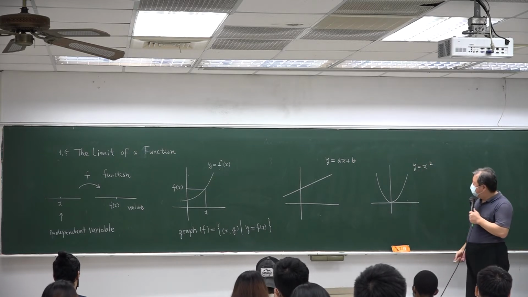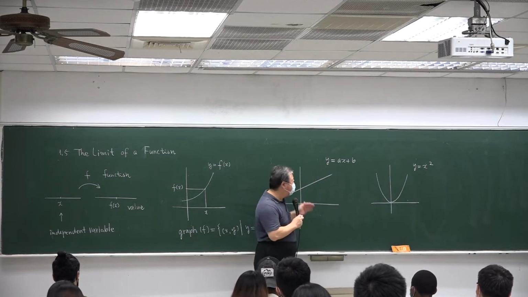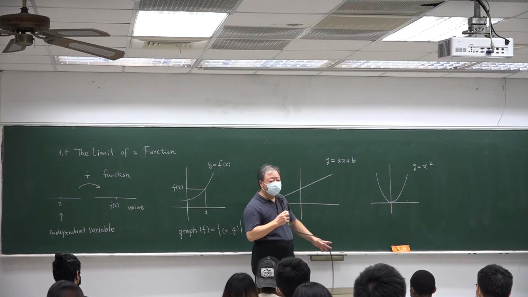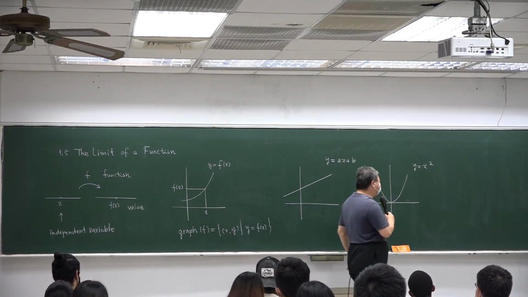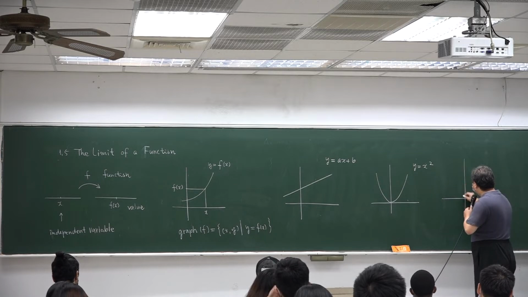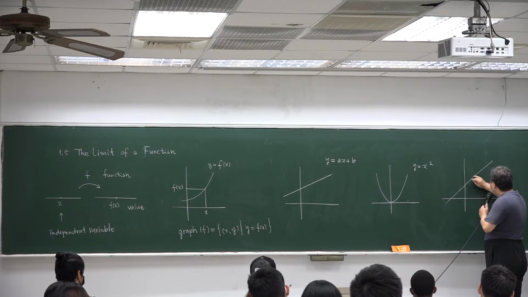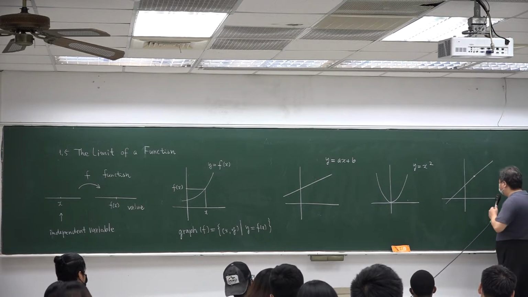What if the graph of a function is not a complete curve? What if the graph has a gap, for example, looks like this? There is a gap here, an empty circle.